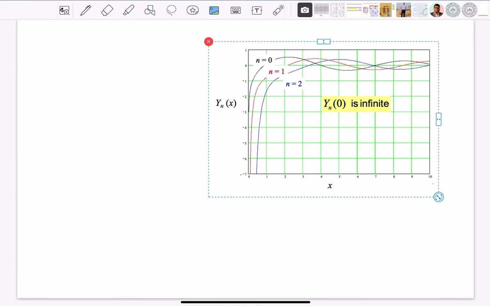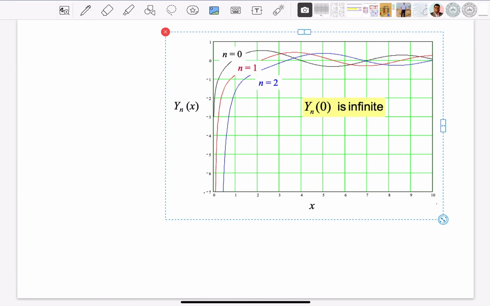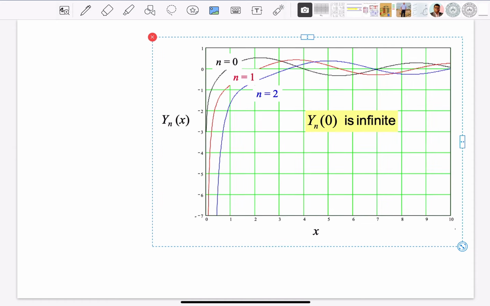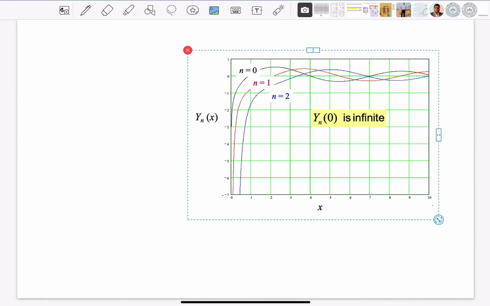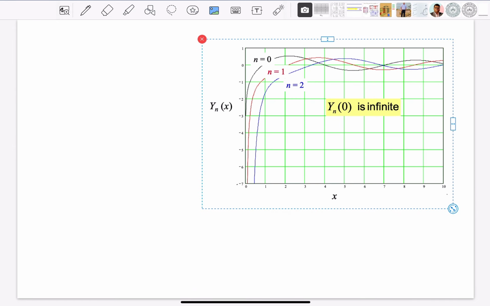Here you can see this is Yn, the plot of the Bessel function of the second kind.